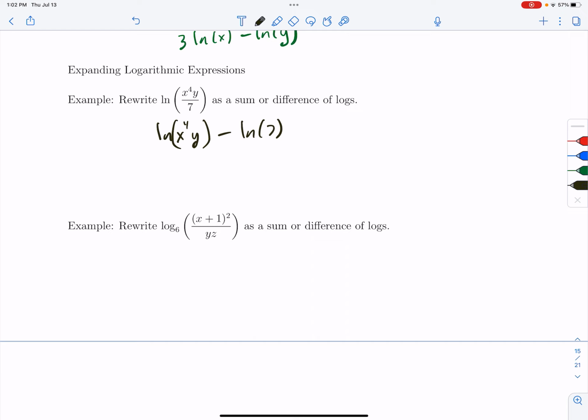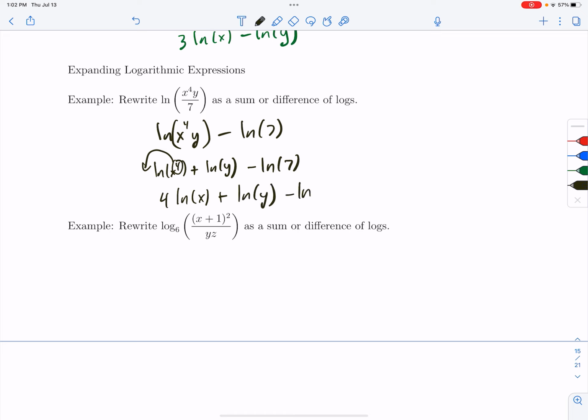This first term is a product, so ln of x to the 4th plus ln of y minus ln of 7. And then in that first term, the 4 can go down as a coefficient. So 4 ln of x plus ln of y minus ln of 7.